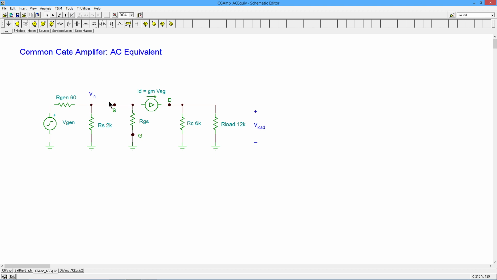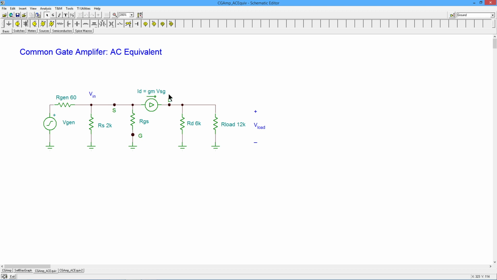We always go back to Ohm's law, right? So it's a simple question of what's the voltage, what's the current? Well, the voltage is VGS. The current coming in is IS, but IS and ID are the same thing, right? They're the same size.